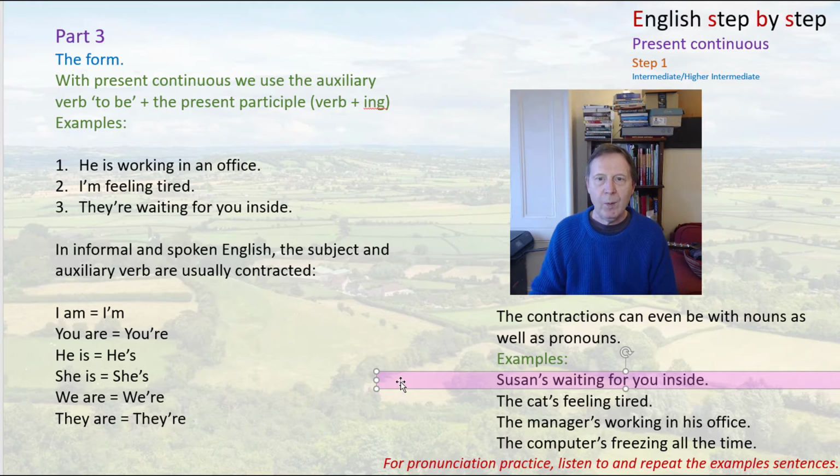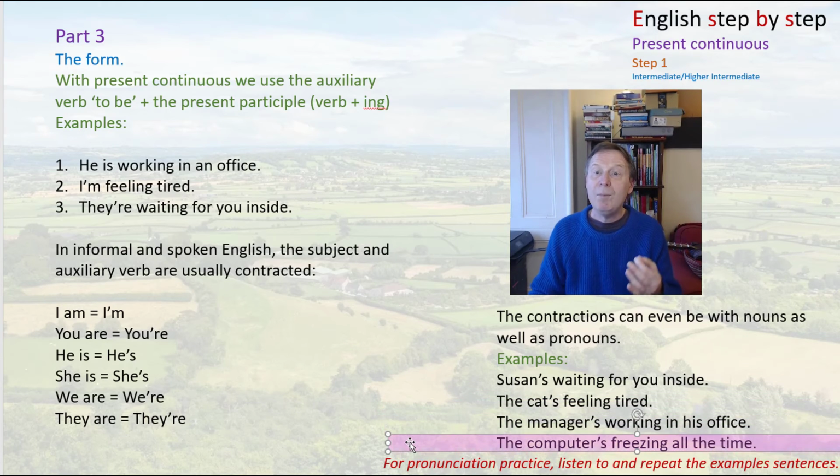Susan's waiting for you inside. The cat is becomes the cat's. The manager is becomes the manager's. For example, the cat's feeling tired. The manager's working in his office. The computer is can become the computer's. The computer's freezing all the time.